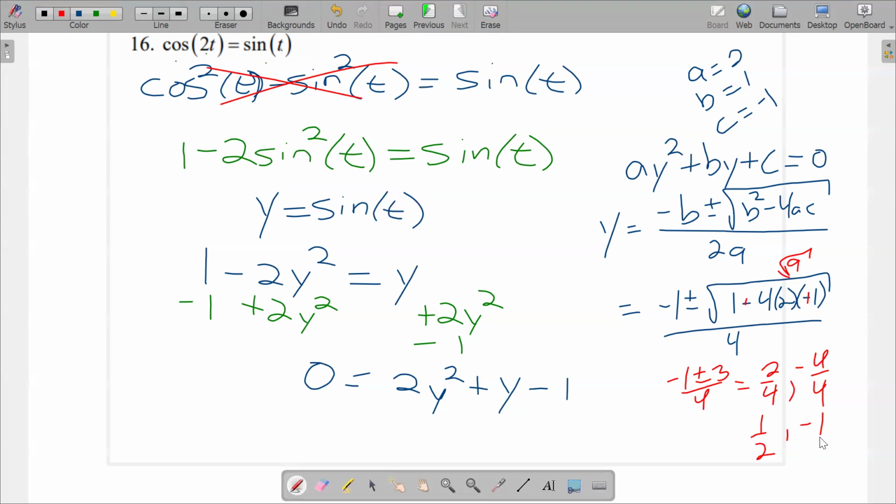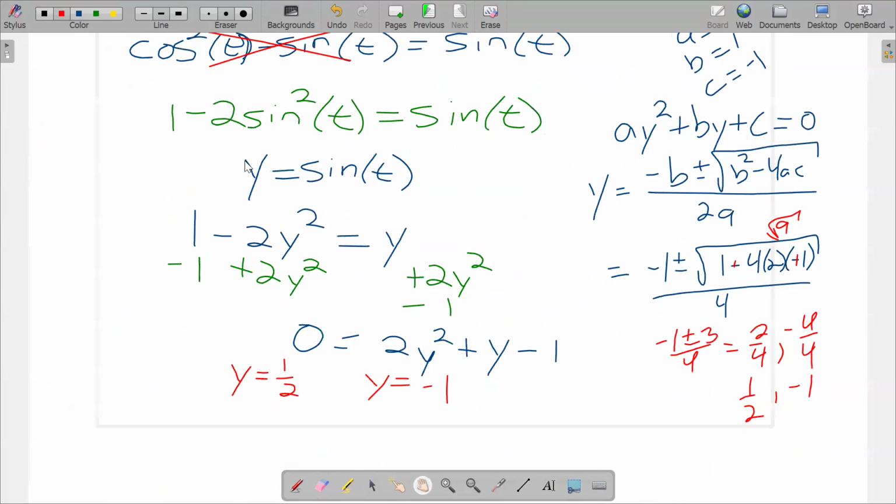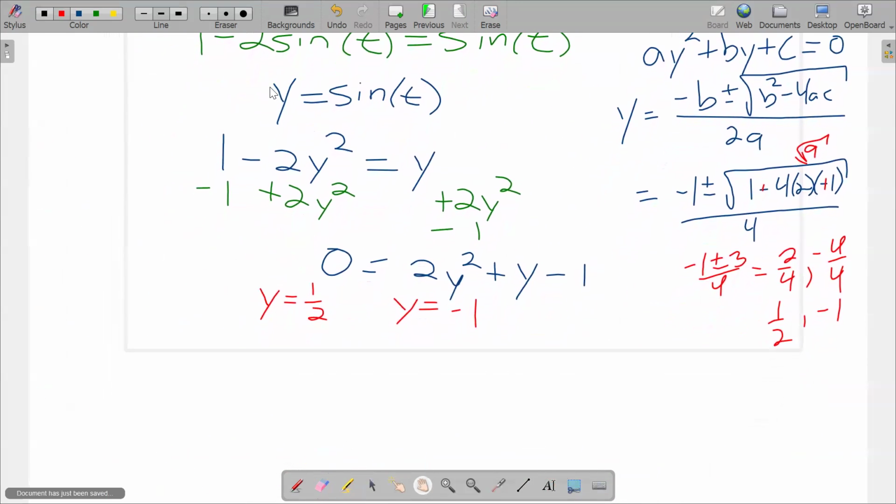All right, so over here, now I know that y could be equal to 1/2, or y could be equal to negative 1. And I can back here, resubstitute. That really means the sine of t is 1/2, or the sine of t is negative 1. And I think those are nice.